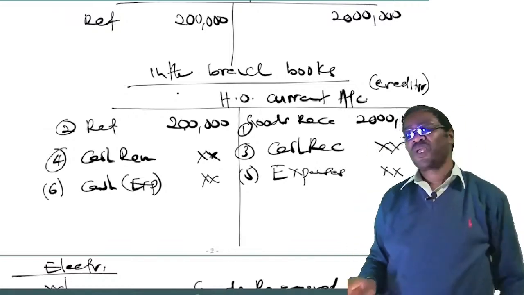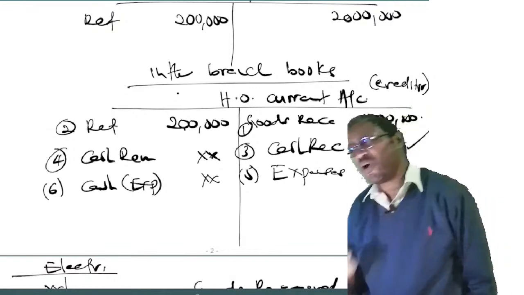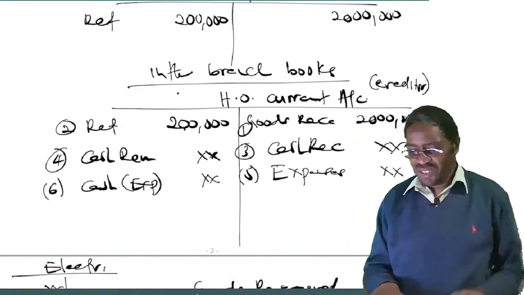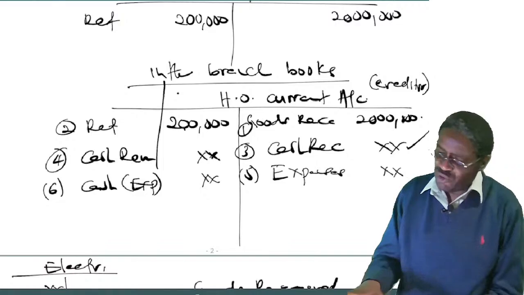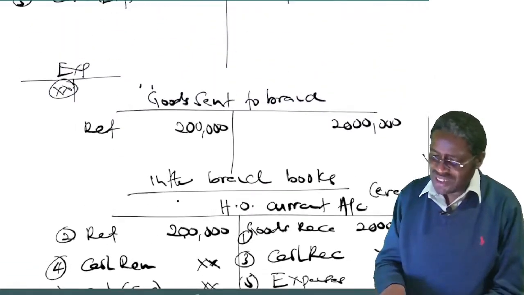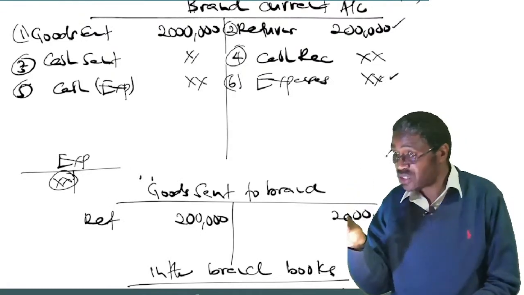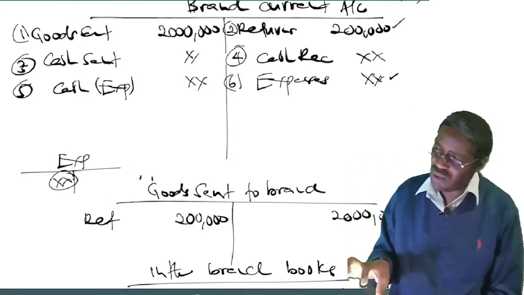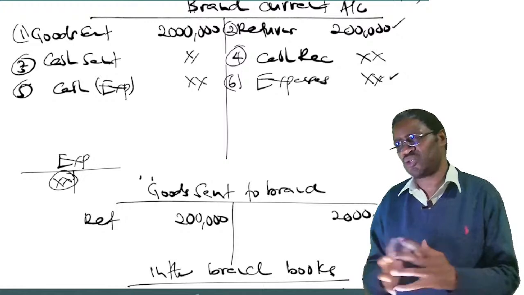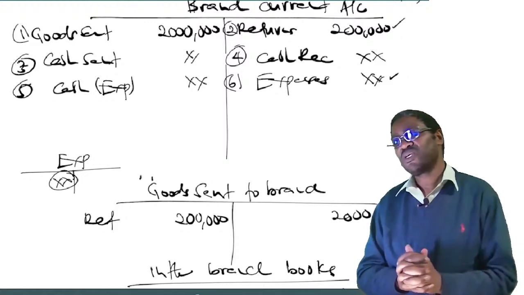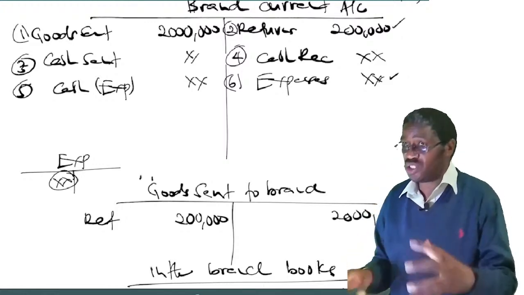Now, I hope you have so far noticed that from these two accounts, out of the 6 transactions we have talked about, you can see a relationship.